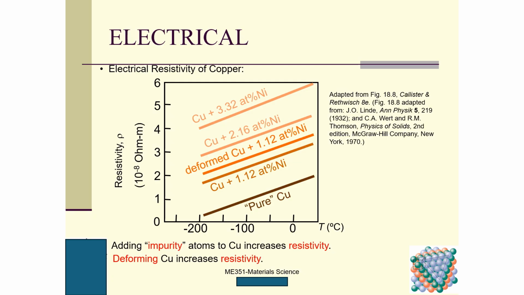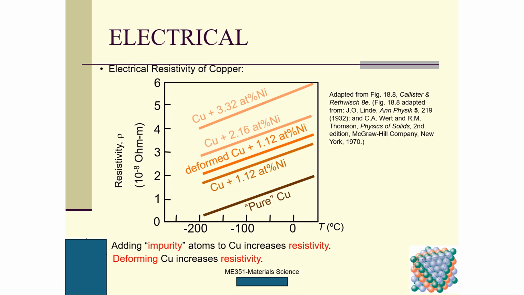For electrical resistivity of copper, for example, for this one, this is copper, okay? And this is nickel, and copper with nickel. You can see different compositions of nickel, and this is how we process the copper, and this will give us totally different electrical resistivity of the copper.